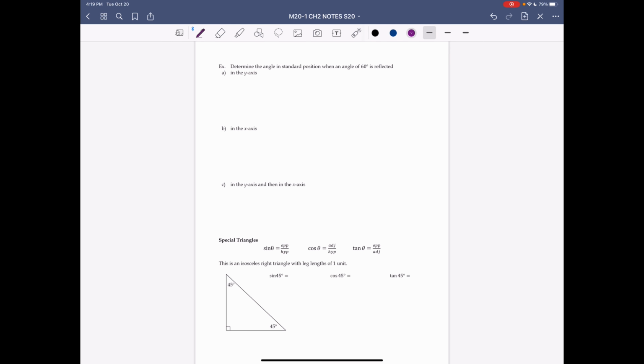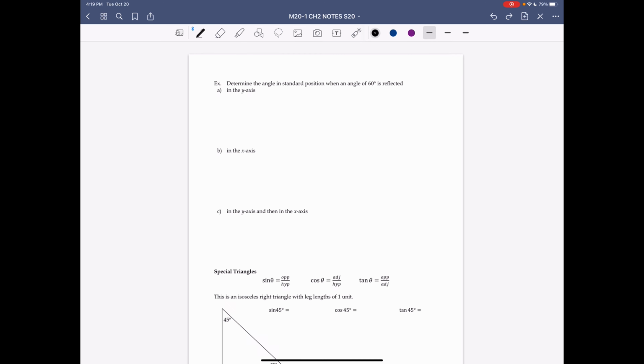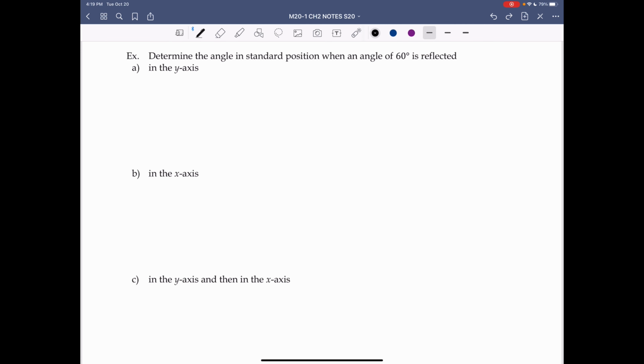Determine the angle in standard position when an angle of 60 degrees is reflected, A, in the y-axis. Let's draw our angle 60 degrees in standard position. The initial arm starts on the positive x-axis. Our angle is 60 degrees.